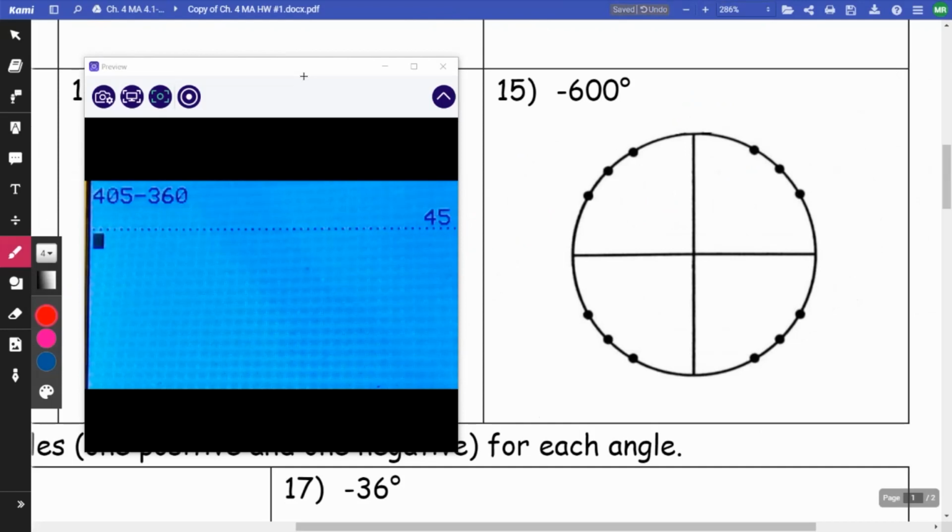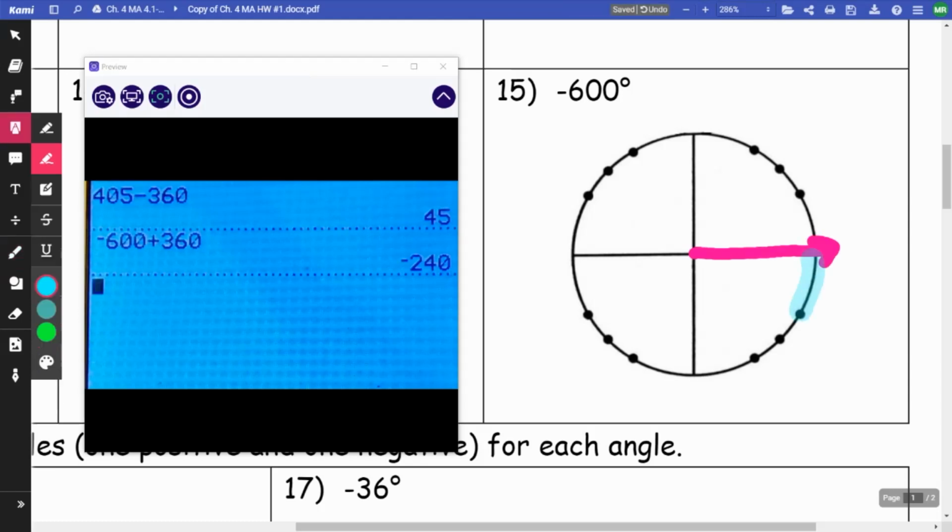Negative 600 degrees. So I'm going to take negative 600 degrees. I'm going to add 360 onto it to try to get between, this is at least between 0 and negative 360. Okay, so that's negative 240. So I'm going to be starting here and I'm going negative 90, negative 180.